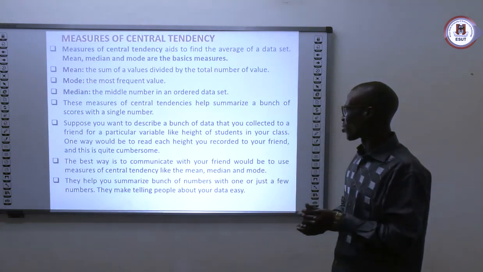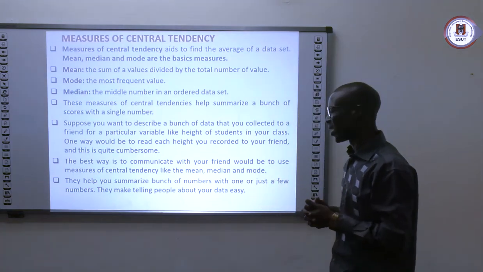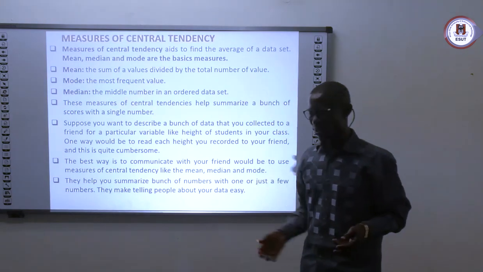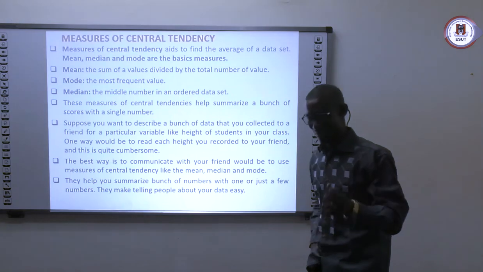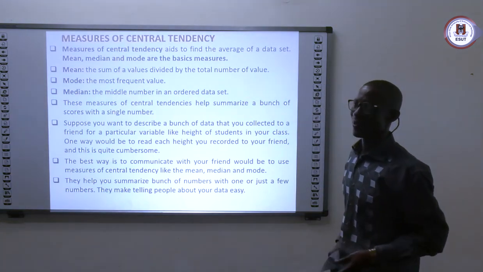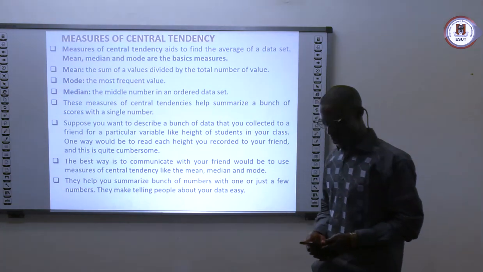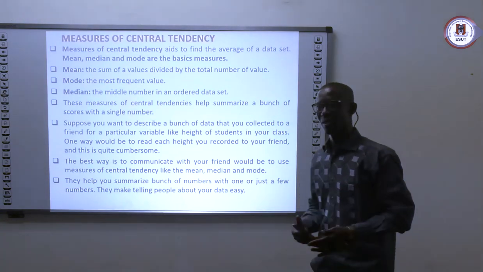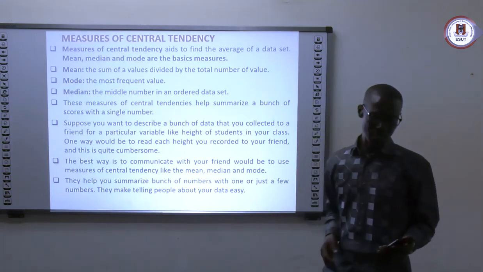as we said. So suppose we want to collect a kind of data. Let's say that in a class we want to know the average height of students in that class. It is very hard for us to start taking them one after the other. So the best way to handle such is to take all the scores of the height of the students and find the mean.